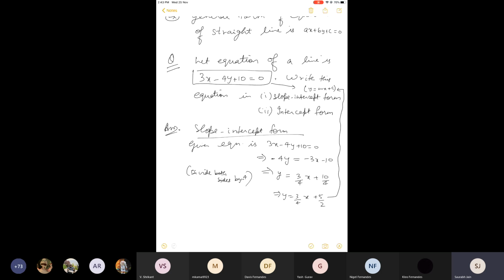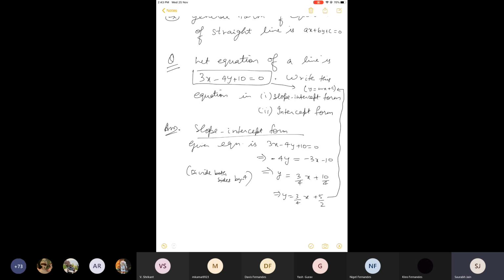If someone asks that after writing this equation in slope intercept form, can you tell the slope? The answer is yes, because in slope intercept form the coefficient of x, that is m, is the slope. So in our particular question the slope is 3 by 4.